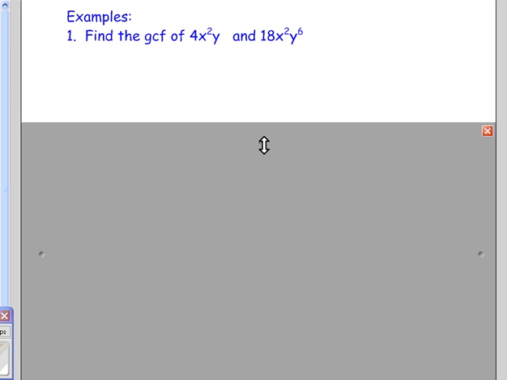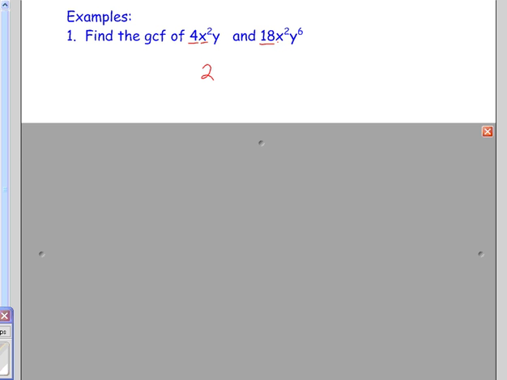The first part says find the GCF of 4x squared y and 18x squared y to the 6th. So again, you're going to look at the coefficients 4 and 18. What is the highest number that will go into both of those? That would be 2. Then I look at my variables.